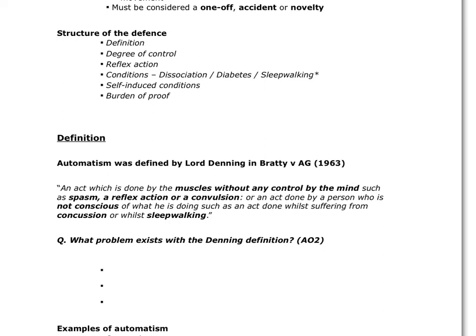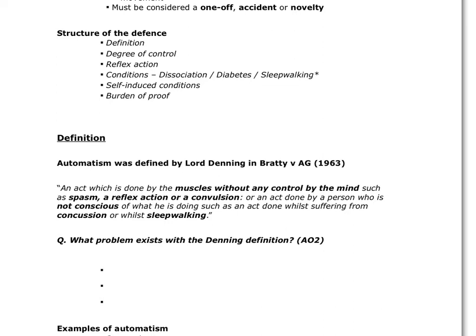So the definition of the defence of automatism was defined by Lord Denning in Bratty versus the Attorney General in 1963. So Parliament have never defined this, so it's not medical, and it's something that just came from the courts. So this is the definition. This is the only bit really on the handout that you need to know almost word for word if possible.